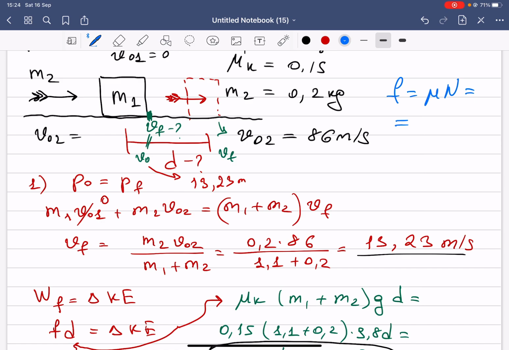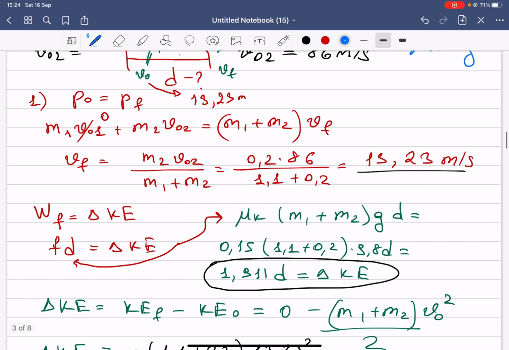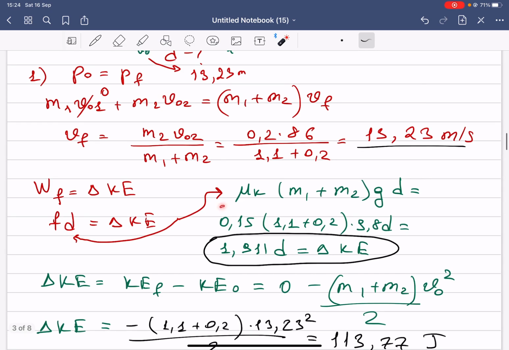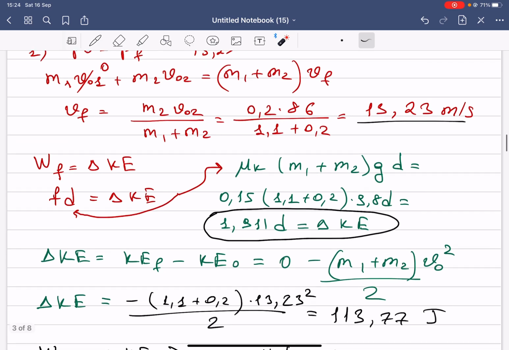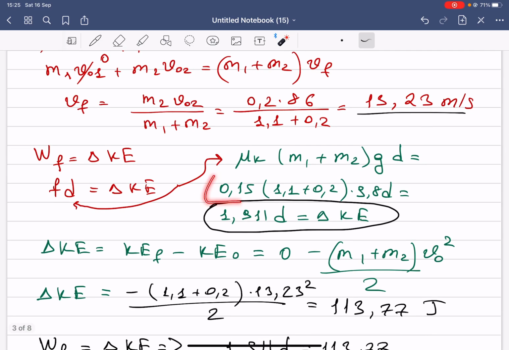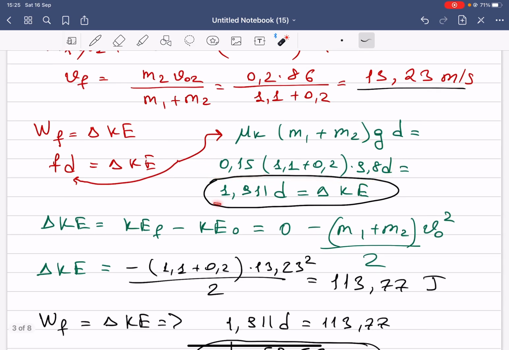So the work done by friction is mu k, total mass, g, d. By plugging in all the numbers which are given, it is equal to 1.911 times d, okay. D we can find.